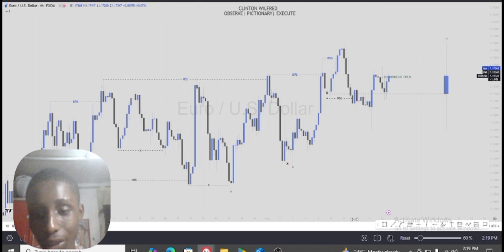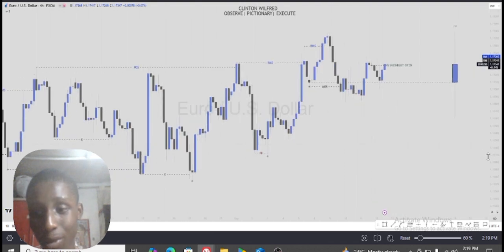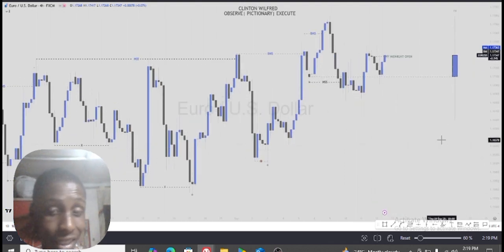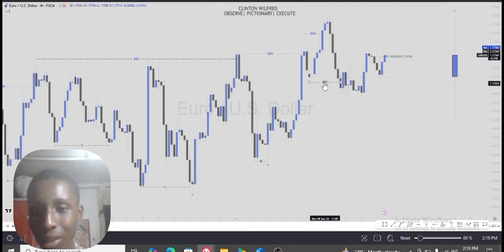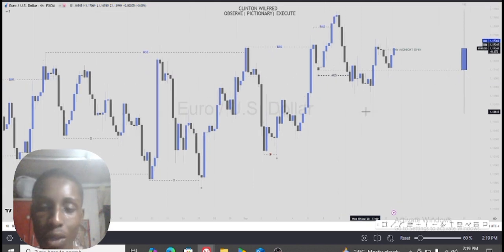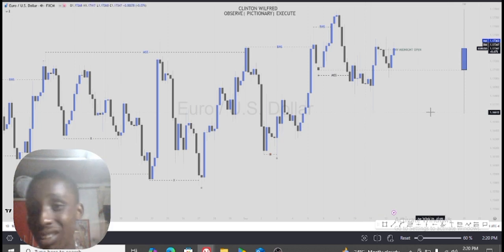I see GU, EU was bearish. I was not more focused on EU because we are bearish. I was looking at GU and AUD because AUD was bullish, so I had to look more at that than EU.